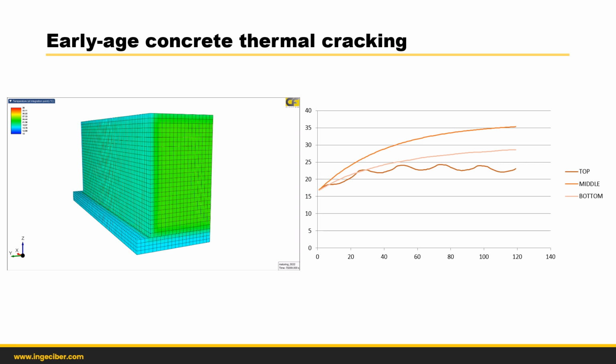Here you can see in this chart the graphs of different points of the model, top, middle, and bottom, and the evolution of the temperature inside this block. Below you have the days and hours, and in the y direction you have the temperature in centigrade.